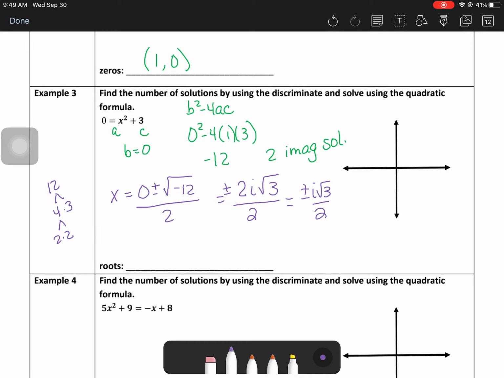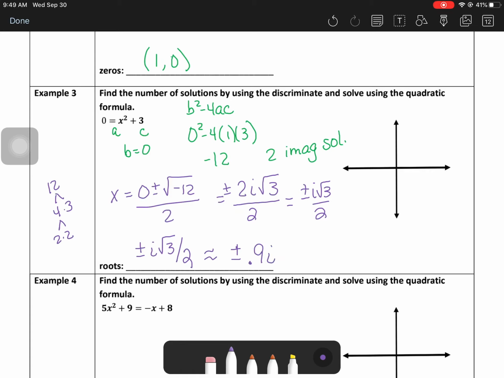And that's going to be our solutions, plus or minus i square root of 3 over 2. So the square root of 3 divided by 2 is approximately 0.9, so it's going to be plus or minus 0.9i.